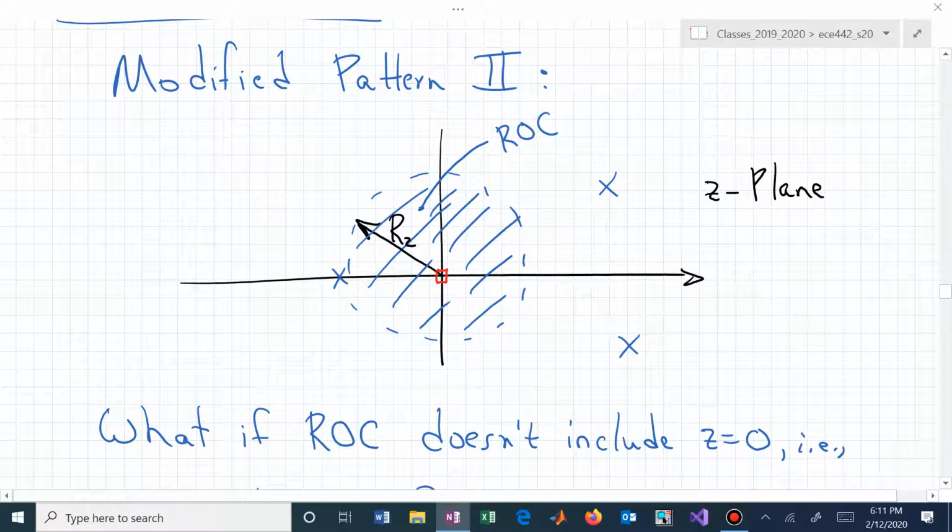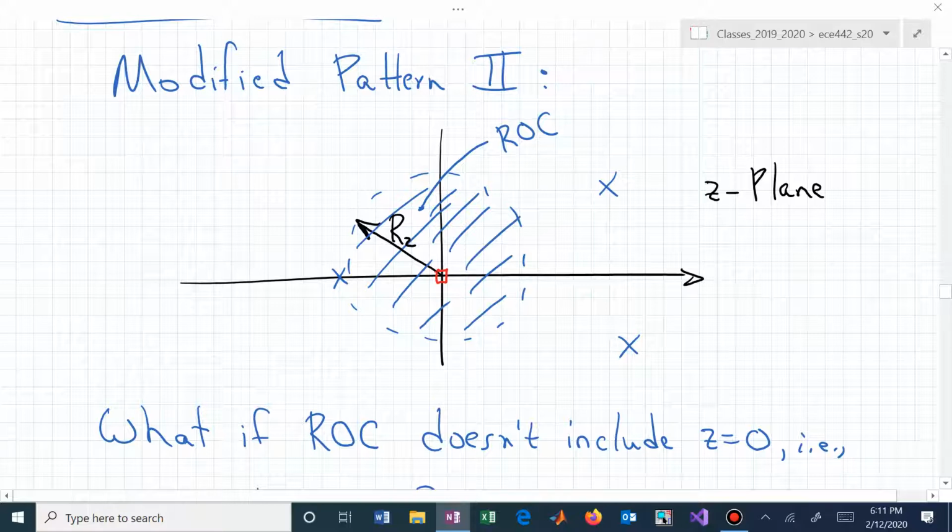I'm kind of just thinking about this off the top of my head, but why don't we have an inverted pattern 3? Can we? So now the region of convergence has to be connected. So the question was, can we have a disconnected set as a region of convergence?